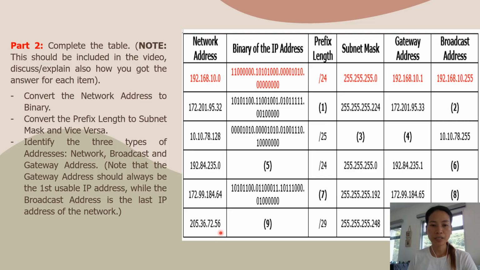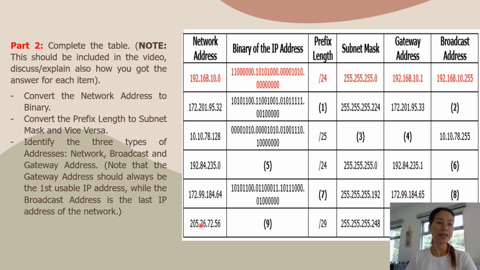Number 9 is the binary of this IP address. So this is 205. We can get the binary of 205 by adding 128 plus 64 plus 8 plus 4 plus 1.